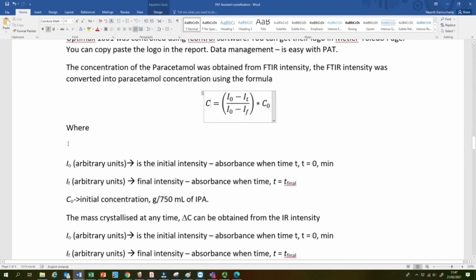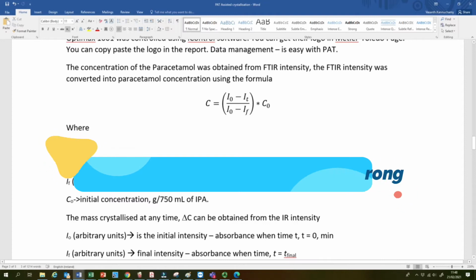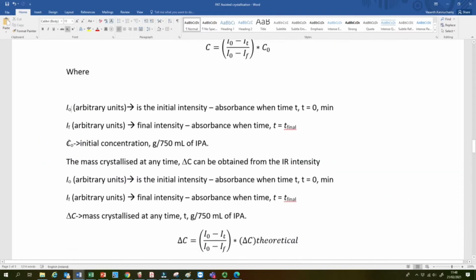I just mentioned what the units of I0 and IT are. These are arbitrary units. Just include this formula in your report, and just mention that C0 refers to your initial concentration, like grams per 150 ml of your IPA. The mass crystallized at any time can be obtained using the same formula.